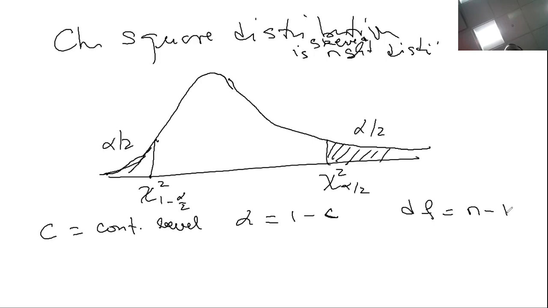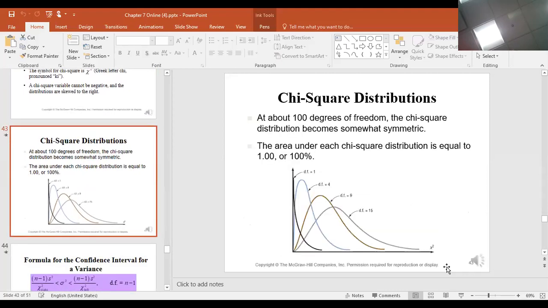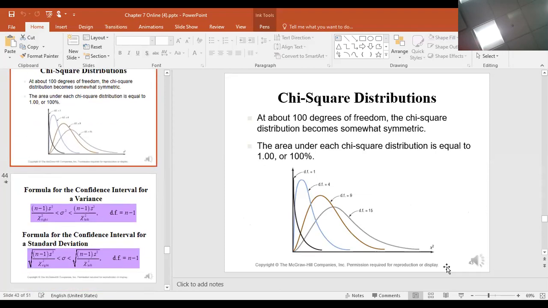So let's go back to the PowerPoint. This is an image of degrees of freedom of a chi-square distribution.